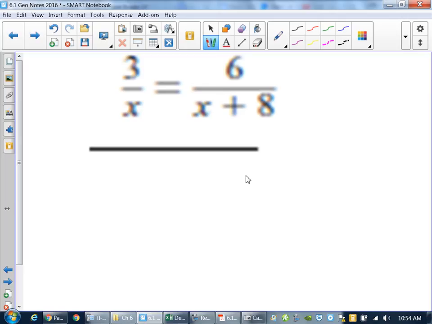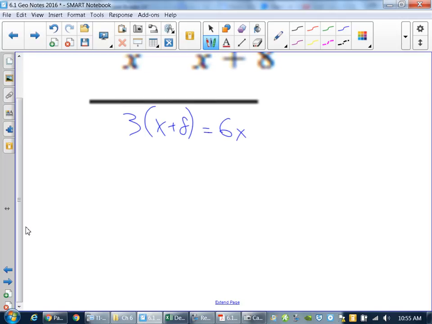So you get 3 times the quantity x plus 8 is 6x. That's fine, absolutely. 3x plus 24 is 6x. 2 steps to go.